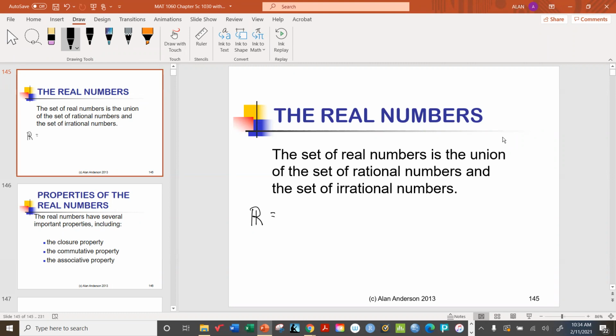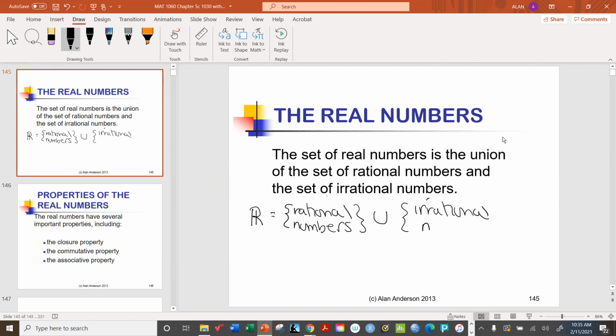And it consists of 2 sets, the rational numbers. And we've seen this before, by the way, with a Venn diagram. So the set of rational numbers is combined with the set of irrational numbers to give us the real numbers.